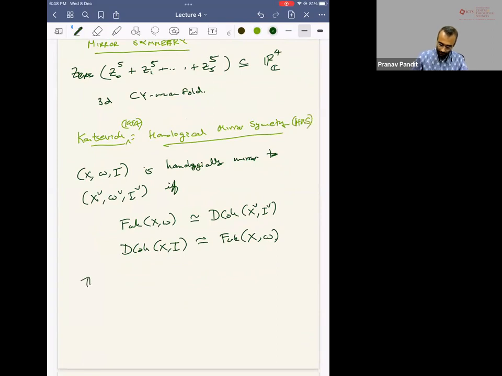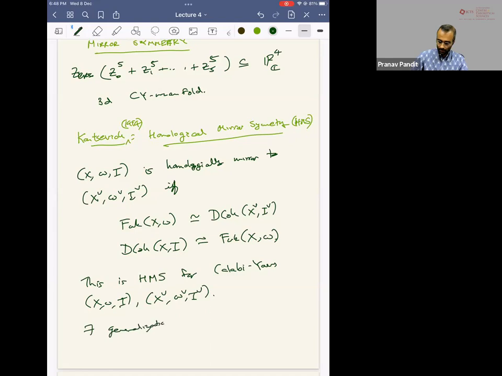So this is HMS for Calabi-Yau, and there are generalizations to the non-Calabi-Yau case. Okay. So these are supposed to be equivalences of A-infinity categories.